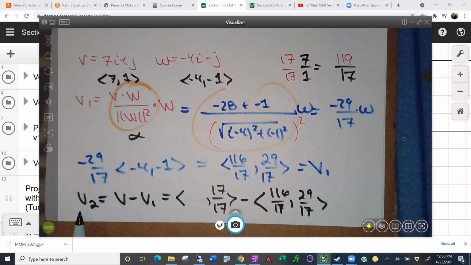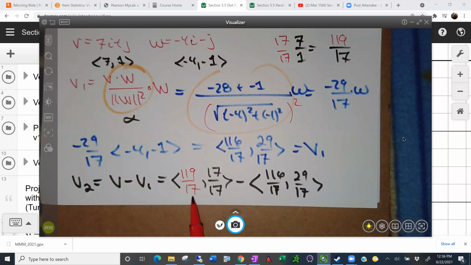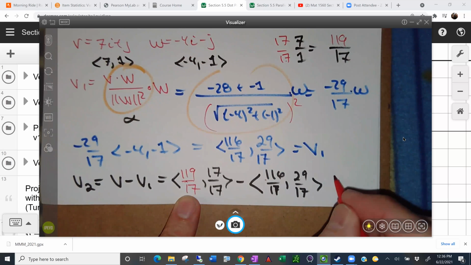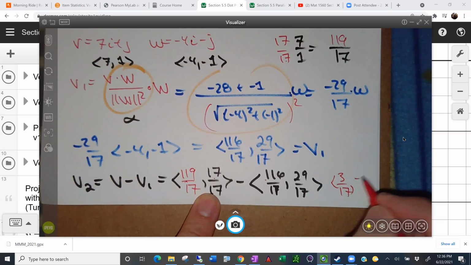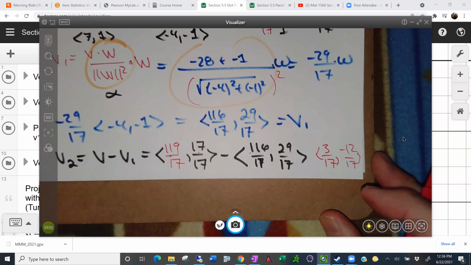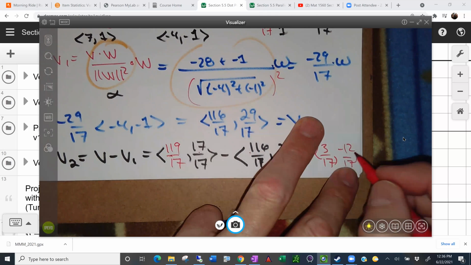So let's put that here, 119 over 17. And now that I've got common denominators, I can subtract. 119 minus 116 is going to be 3 over 17 and negative 12 over 17. So yay, that's my vector V2.